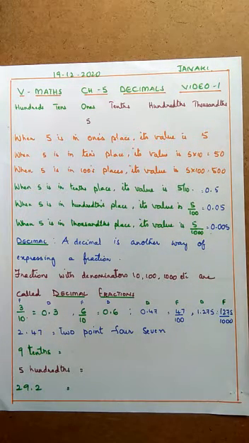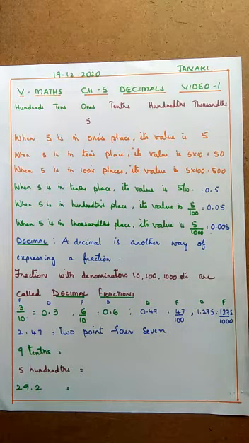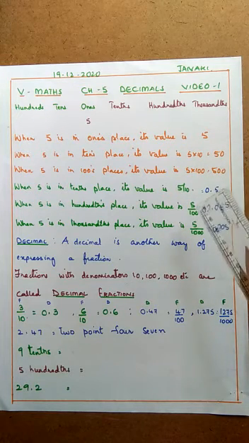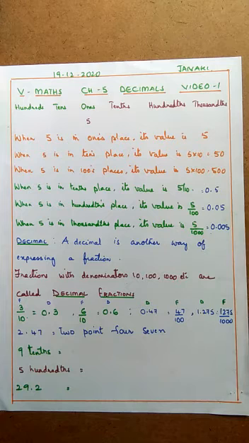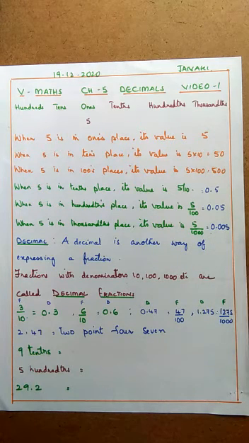So this way of expressing a fraction in the form of a decimal is called a decimal fraction. So what is a decimal? It is just another way of expressing a fraction. Here we are expressing the fractions 5 by 10 as 0.5, 5 by 100 as 0.05 and 5 by 1000 as 0.005.